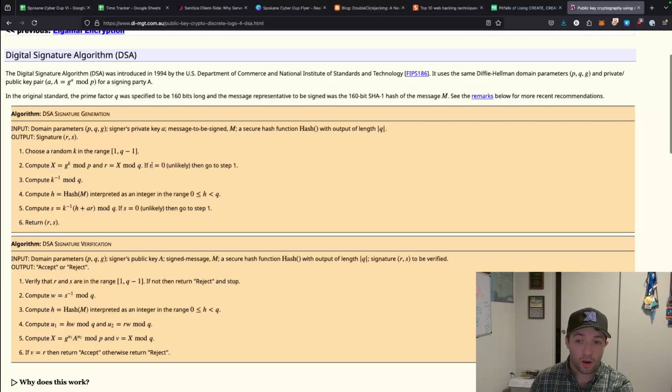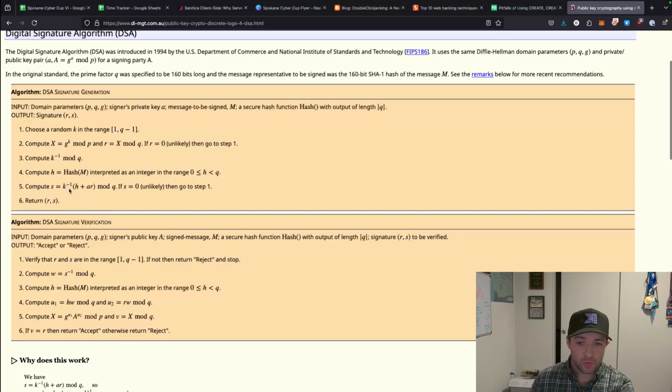So this R is what we have generated here, and then we want to compute the S now as well. So we start by generating the modular multiplicative inverse of K, which is what this K to the negative 1 is, mod Q. And then we do this modular multiplicative inverse times H plus A R. So R is this value up here, and A is another value that we are provided, and then mod that by Q, and that's the signature.